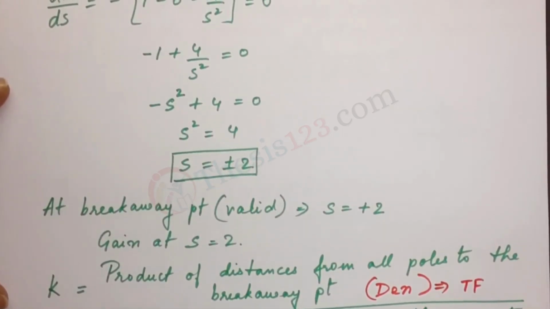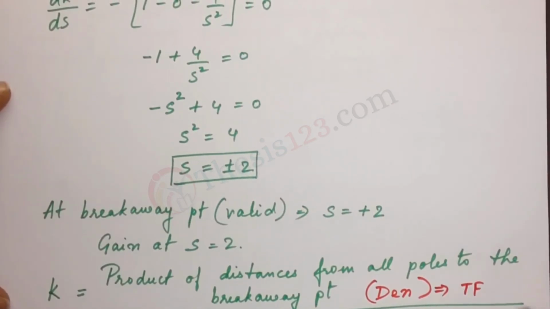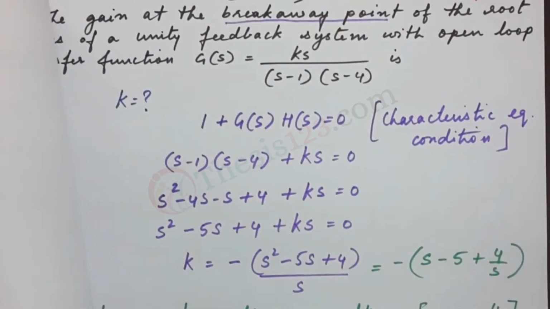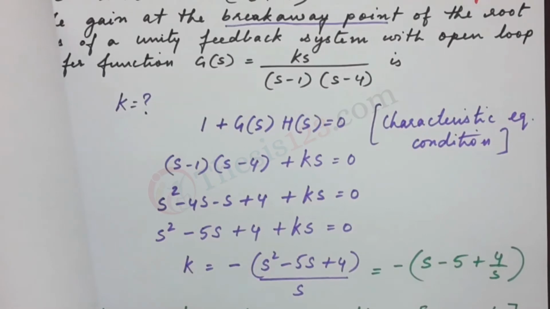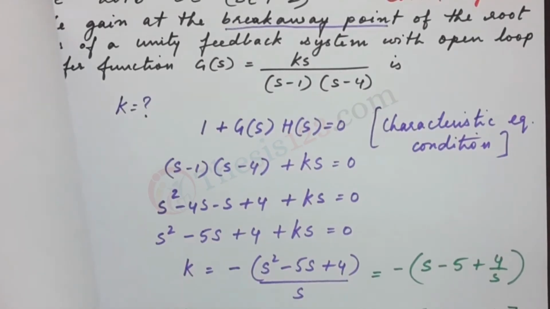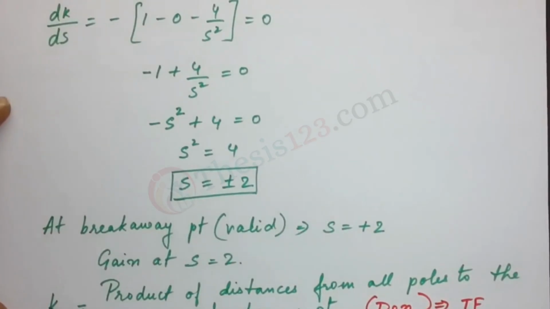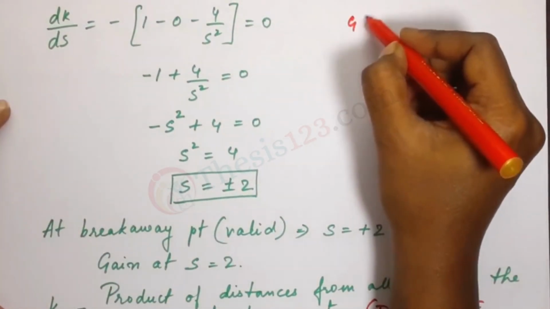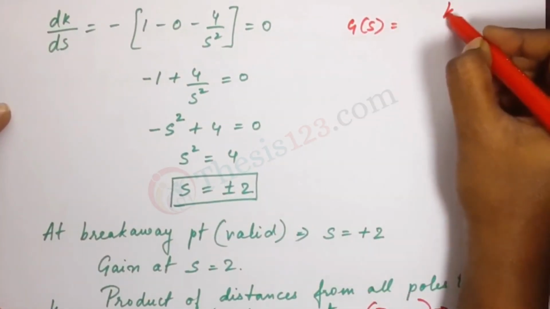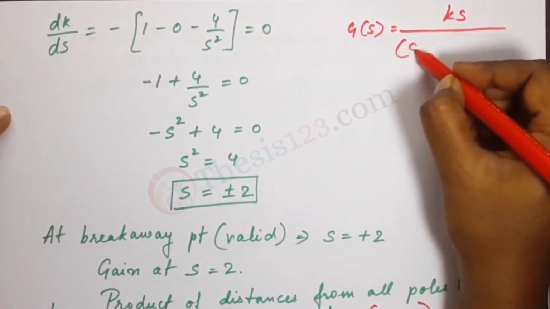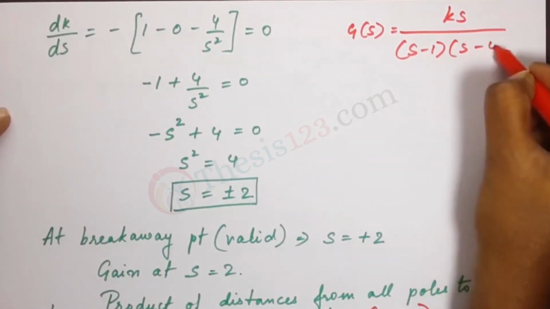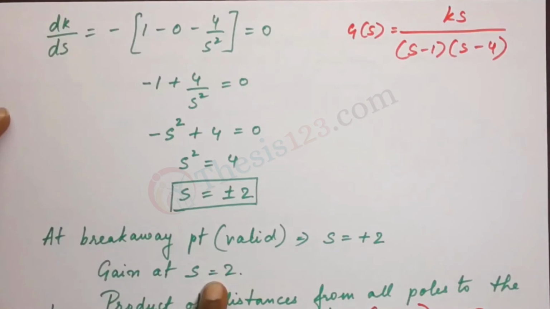Corresponding to the transfer function. So, according to the question, look at the transfer function given to us: Ks divided by (s minus 1)(s minus 4). Right? Okay, so let me write that down over here. We were given G(s) is equal to Ks divided by (s minus 1)(s minus 4). Now we have the value s is equal to 2.